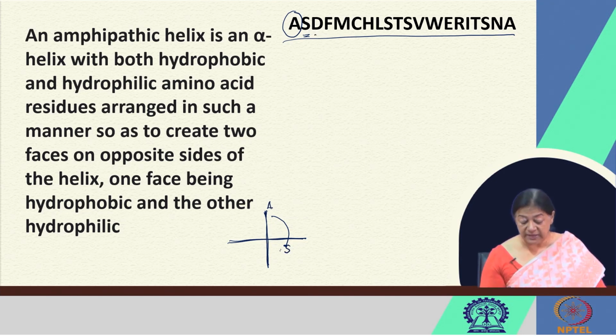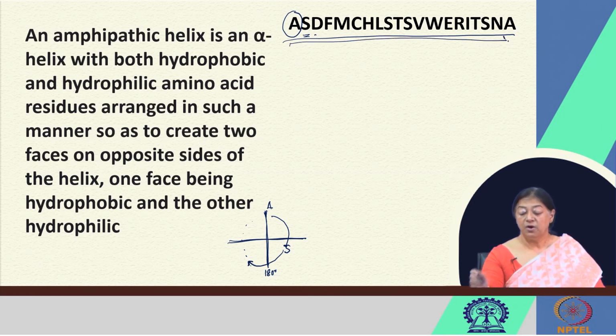D, that's aspartic acid, is going to be 200 degrees. We know that this is 180 degrees, so 200 is going to be somewhere around here, and the next amino acid will be here.